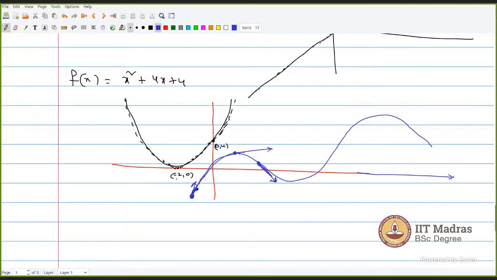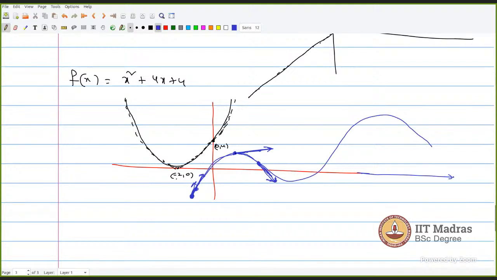After moving here, the direction of this ball will be in this direction. After some time, after coming here, the direction will be in this direction. But later, due to gravity, it will fall down again and take this path. At that particular moment, the direction of the ball is the tangent line.